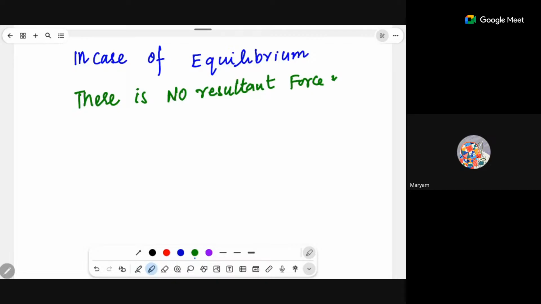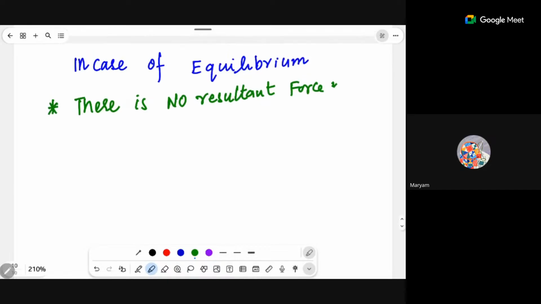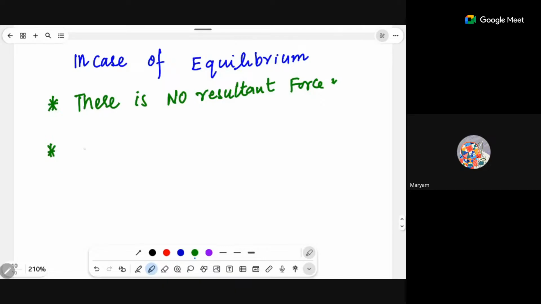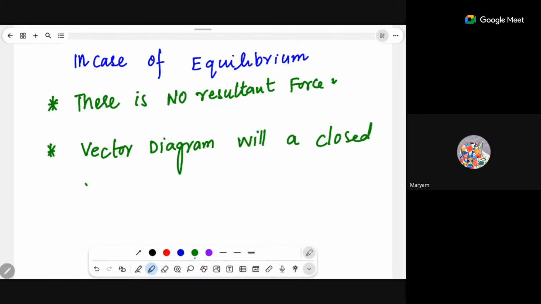So when there is no resultant force, there are two tricks which will help you to solve the vector questions. So the vector diagram will be a closed vector triangle. This is one of the identifications.